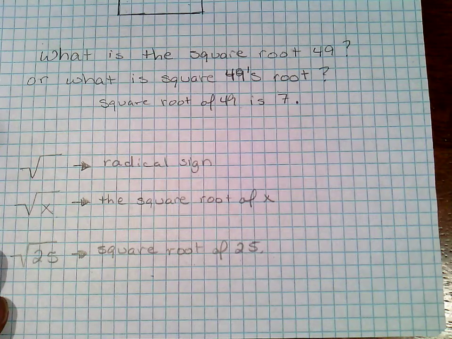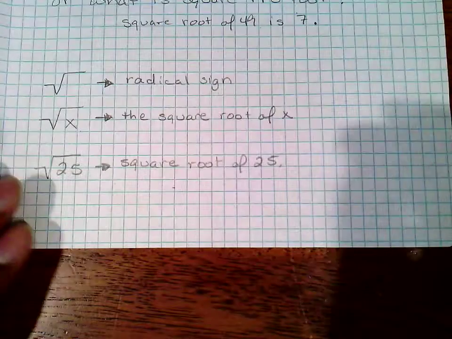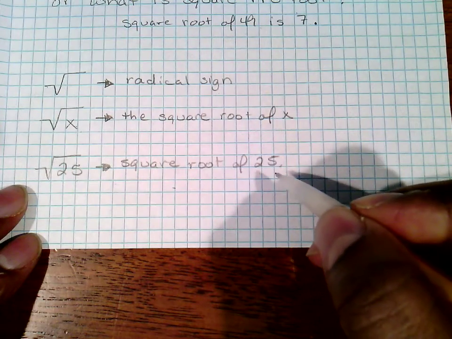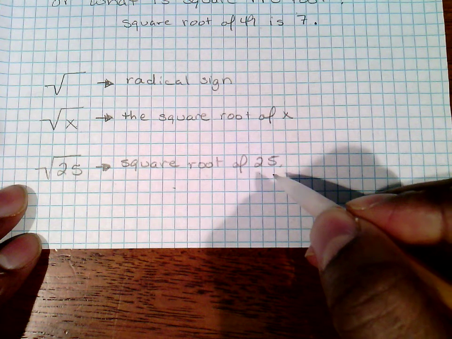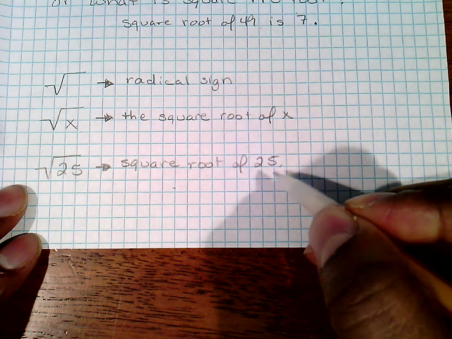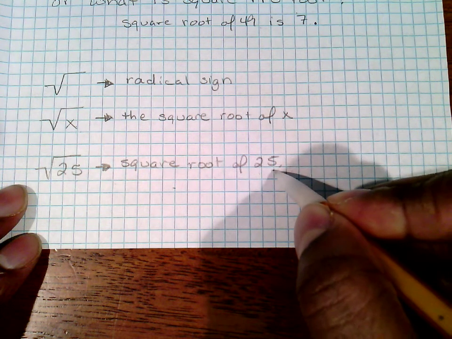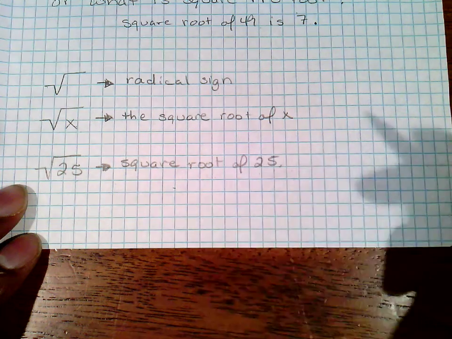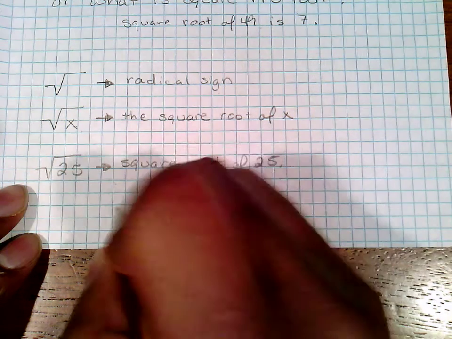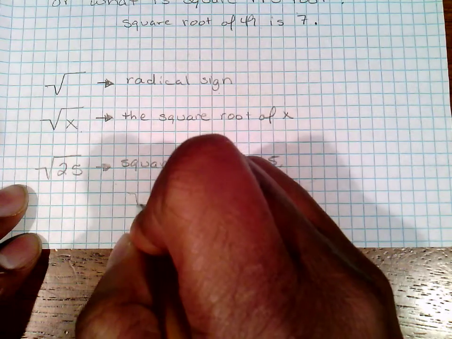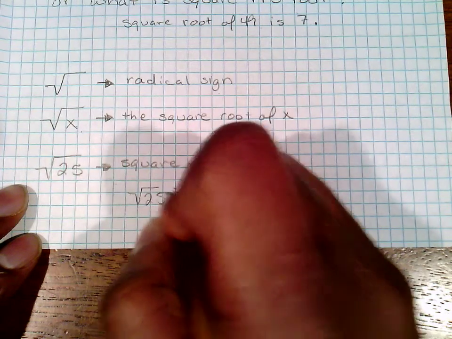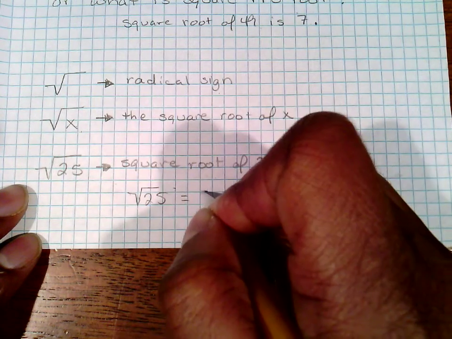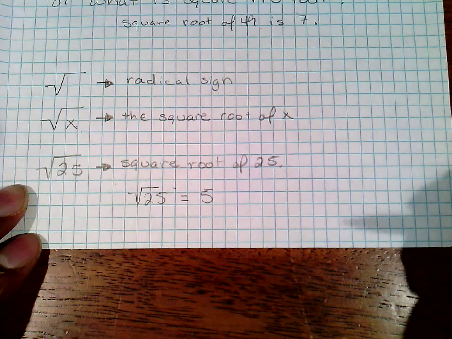And if we go back and look at the root of 25, what number can we make to have the same base and height and give us basically an area of 25? The square root of 25 will come out as 5.